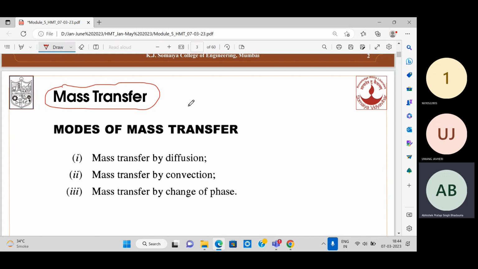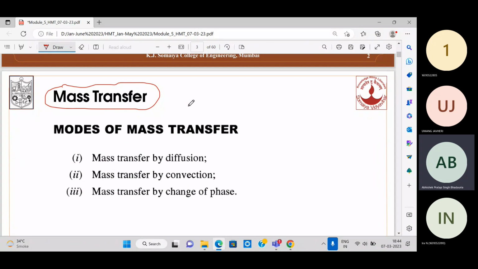We can see it in refrigeration, by the evaporation of liquid ammonia in a hydrogen atmosphere, which we can see in the Electrolux refrigerator.